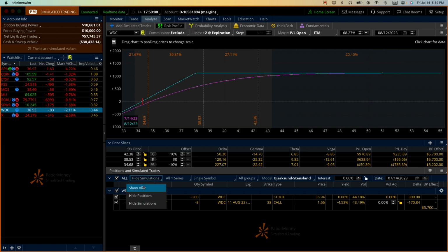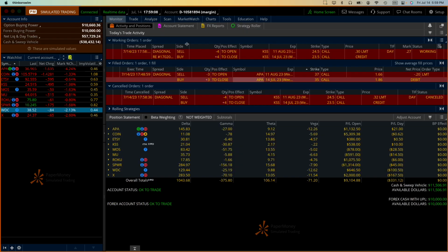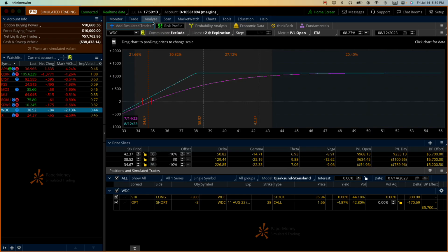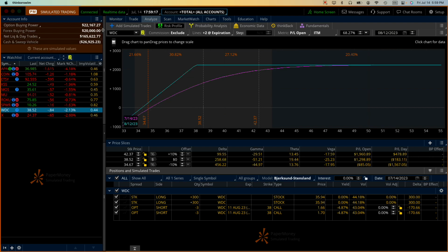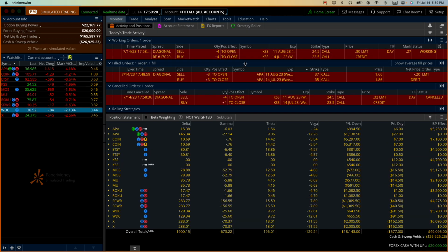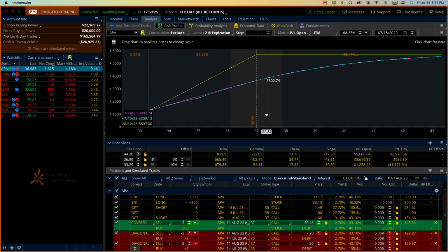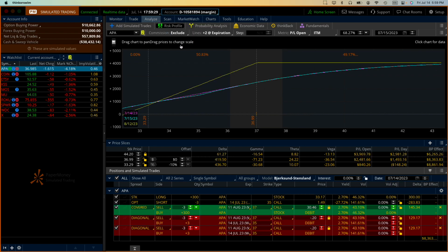Okay, I'm running them in parallel. I need to show all, sorry. We got the APA filled, so I'm going to say analyze trade. Here we go, and now go to the margin account, because this needs to be rolled over at 20 cents.